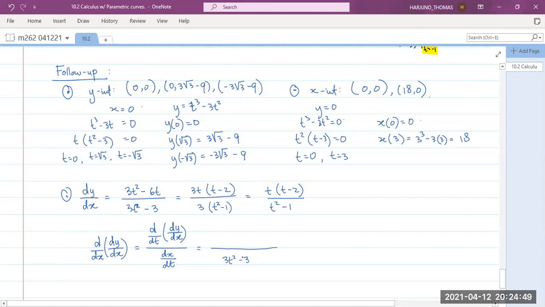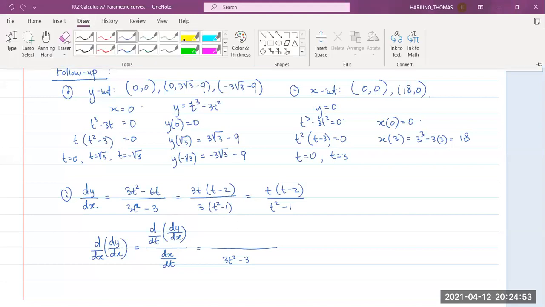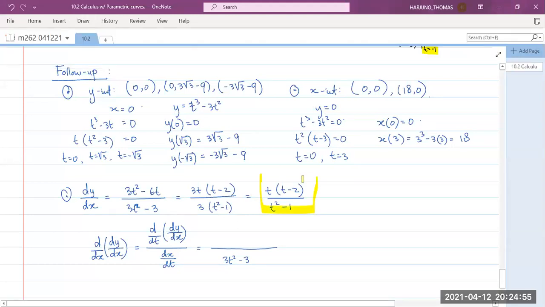But for dy/dx, do the derivative with respect to t. At the bottom, that's t squared minus 1, squared.